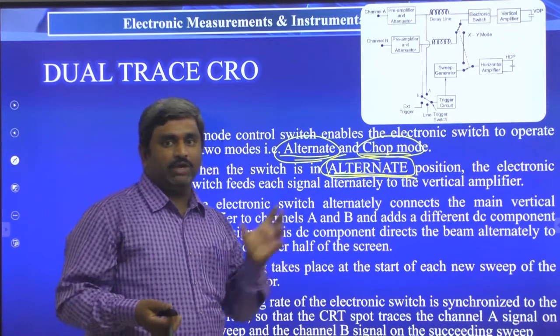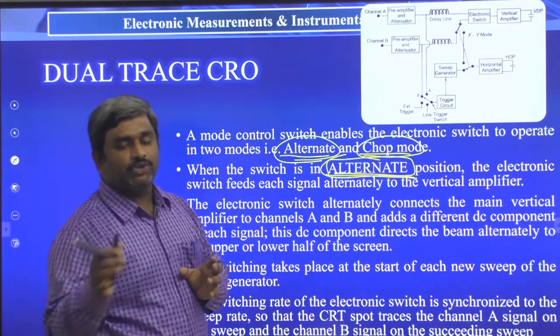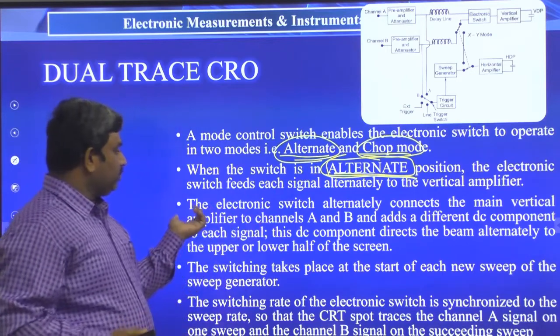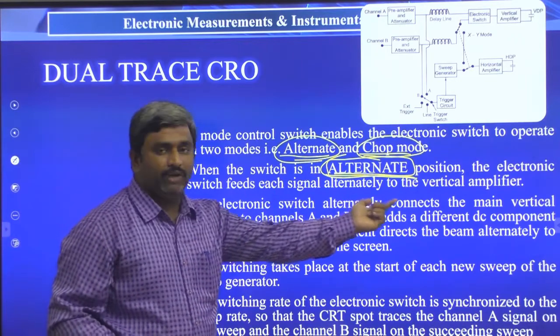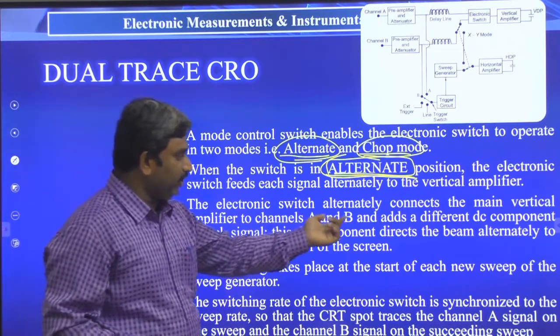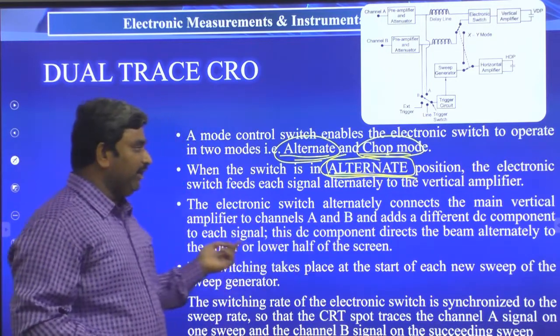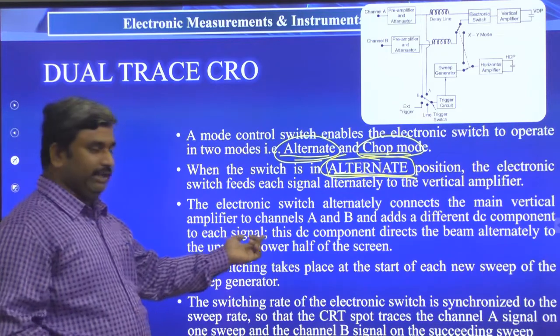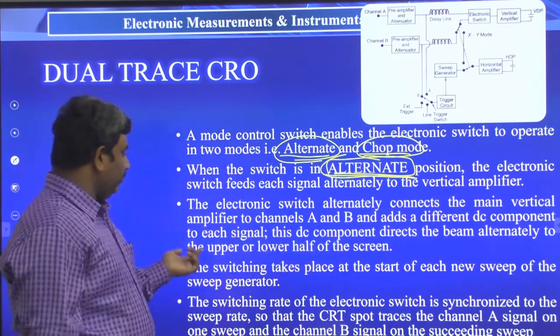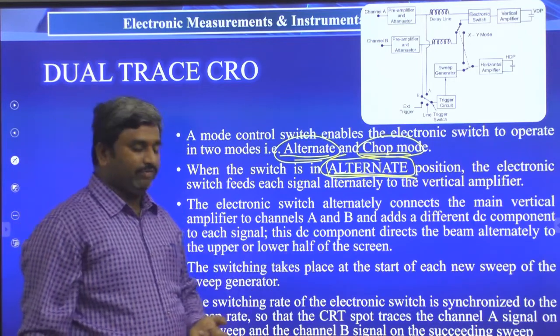For some time channel 1 information, for some time channel 2 information. That is alternate mode. The electronic switch alternately connects channels A and channel B to the main vertical amplifier and adds a different DC component to each signal. The DC component directs the beam alternately to the upper and lower half of the screen.